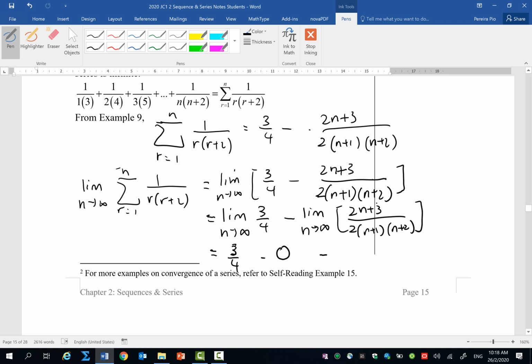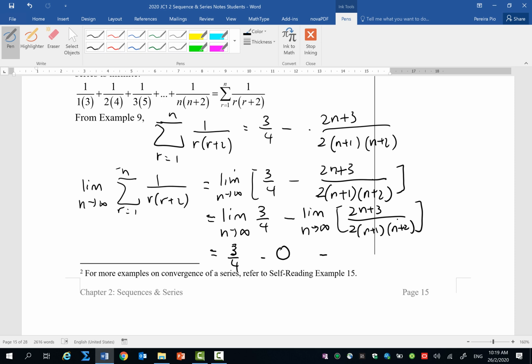The numerator is 2n plus 3 and the denominator is basically a quadratic. So it is a proper fraction, correct? Because it's a proper fraction, what actually happens? I'm not going to say this is rigorous mathematically; this is the intuition behind it.